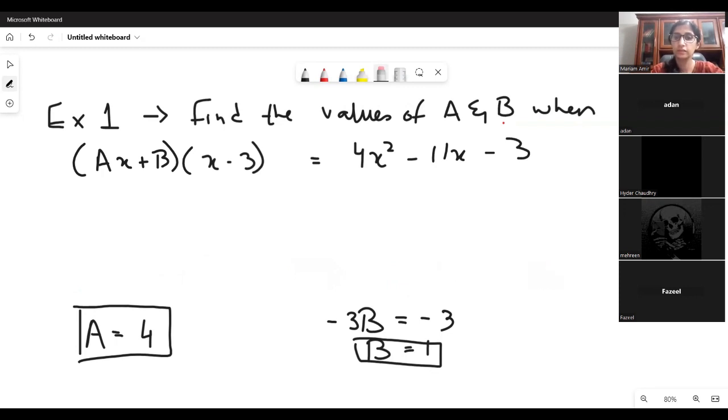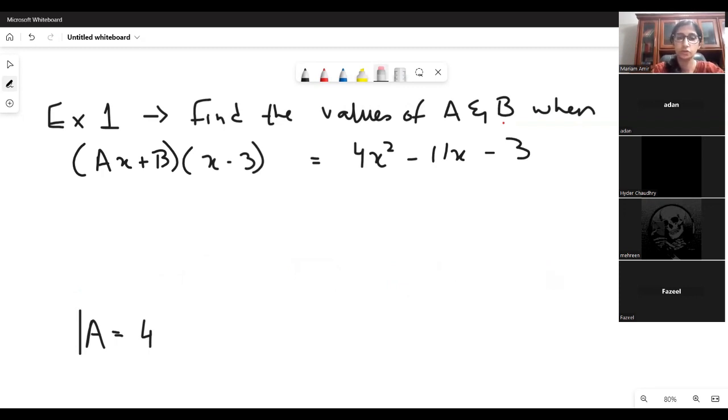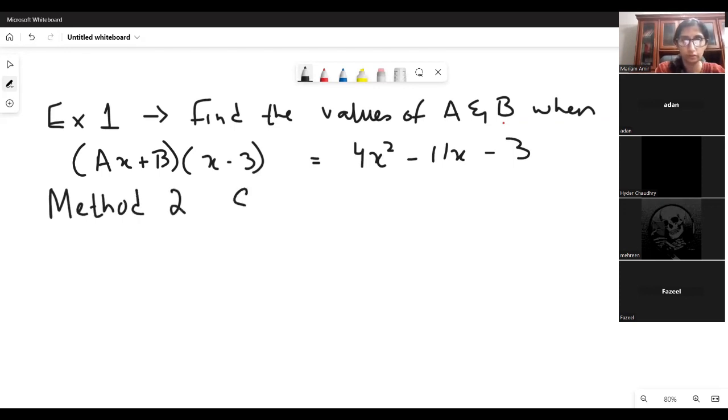Second method is by substitution. इसमें you just substitute a value of x on both sides of the equation.